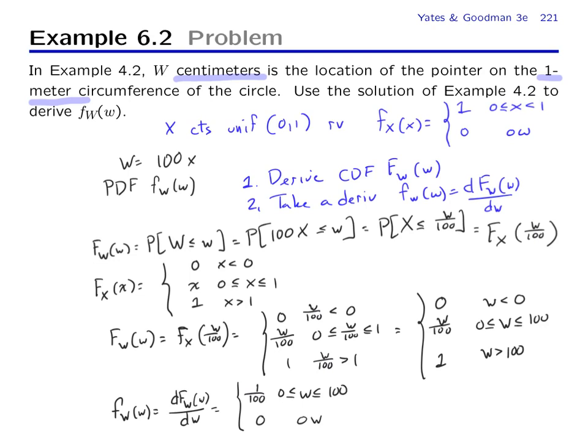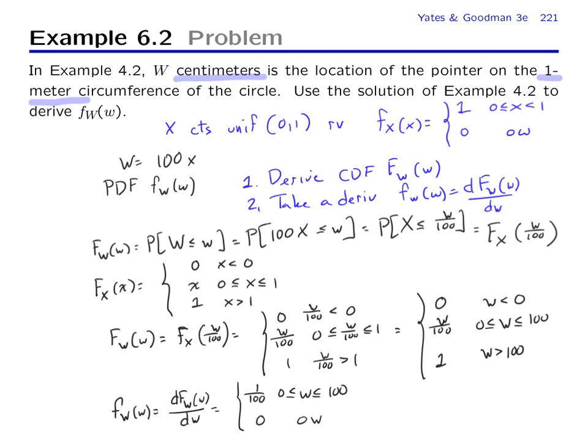So we see that the answer is more or less what you would have guessed: if we measure something in meters and it's a uniform 0 to 1 continuous random variable, when we measure it in centimeters, it's still a continuous uniform random variable, but it's continuous uniform from 0 to 100.